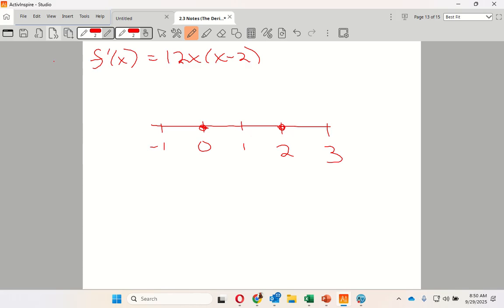So if I plug in -1, this is a negative. And I plug in -1 over here, that is going to also be a negative. And a negative times a negative gives me positive. So that means everything to the left over here is going to be positive.